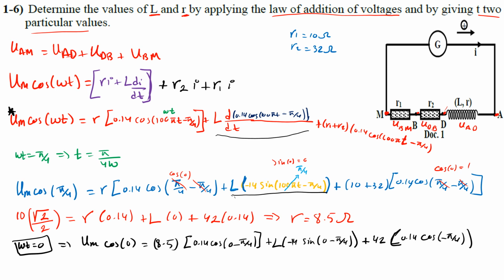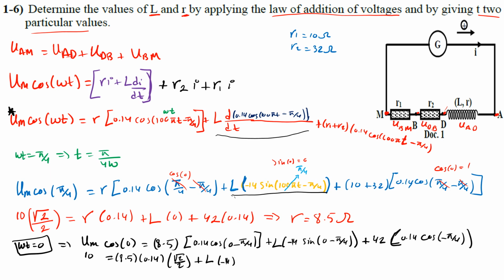Now, replacing the values, cosine 0 gives 10, because cosine 0 is 1, is equal to 8.5 times 0.14. Cosine minus pi over 4 is the same as cosine pi over 4, so it is radical 2 over 2, plus L is an unknown, I'm working on this one now, into minus 14.